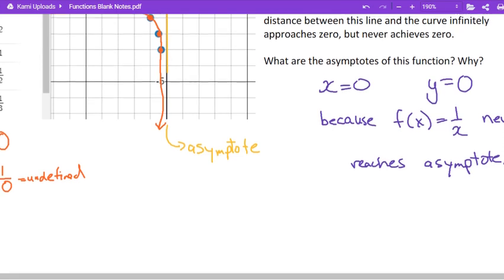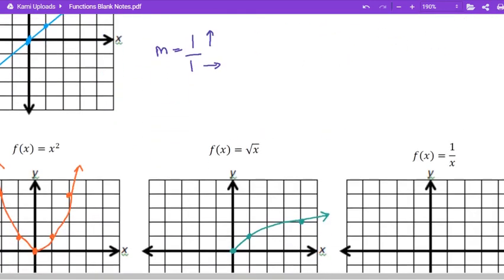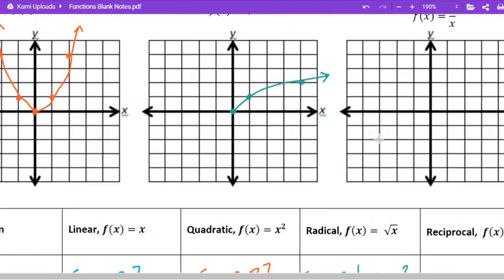All right, let's summarize the reciprocal function in our table. When I graph the reciprocal function, I really focus on two pieces of information. One is these two points, (1, 1) and (negative 1, negative 1). And then I focus on the asymptotes. So I don't focus on those little dots. When I draw an asymptote, I use a dotted line.